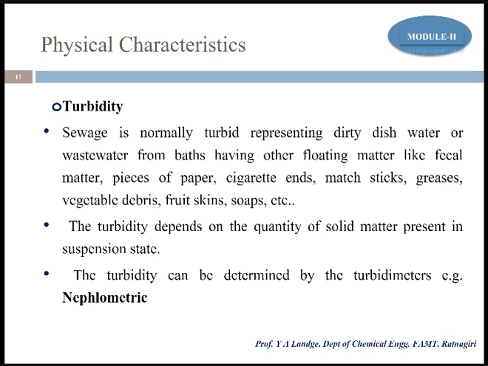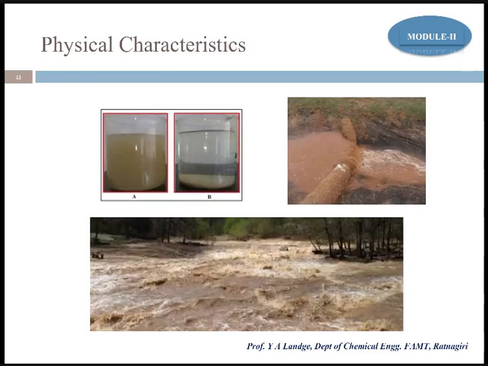This nephelometer works on the basis of how light gets scattered, and that scattering depends on the concentration of solid material present in it. So this is also one of the physical characteristics of wastewater. If you see this picture, you can easily say it has a high amount of suspended or dissolved solids in the water.